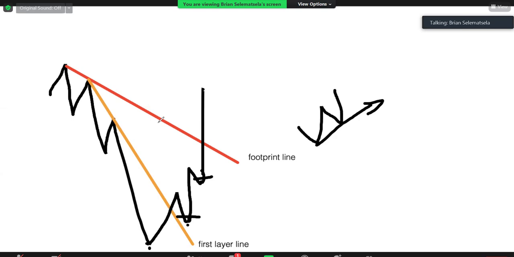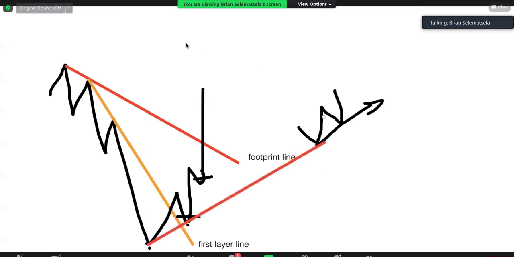That's what we're looking for, because at the end of the day, you must know when to actually close the buy trades that you took. So now, in order to determine how to close the buy trade, you must first be able to spot the footprint line to show the slope of the market.